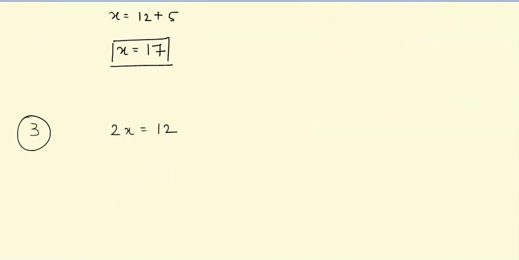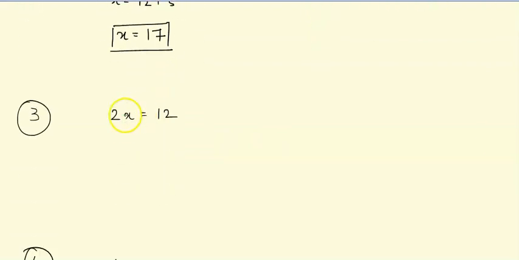So in the third equation, we have 2x equals 12. Now what does 2x basically mean? If we look at this problem as 2 into x, we can say there's a box here, equal to 12.